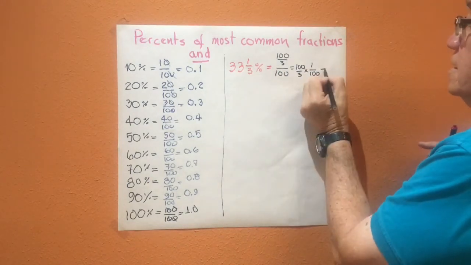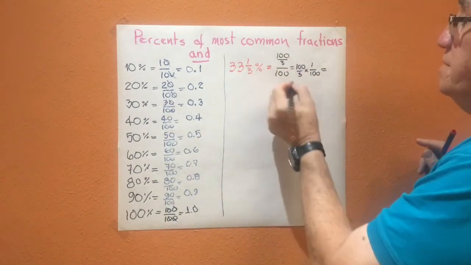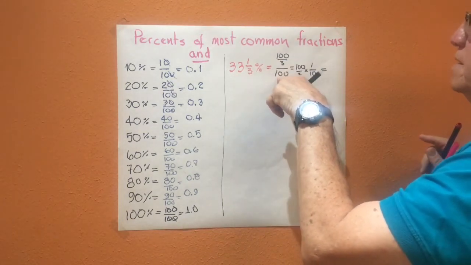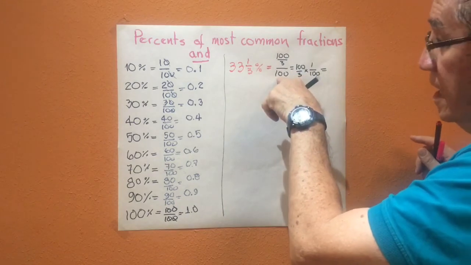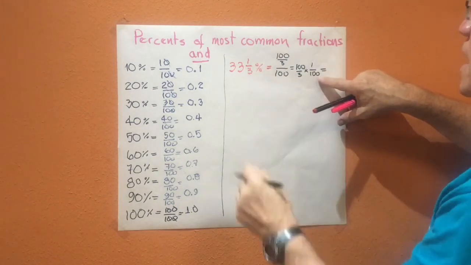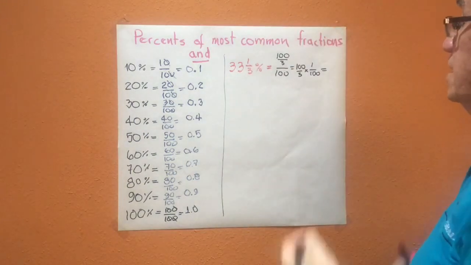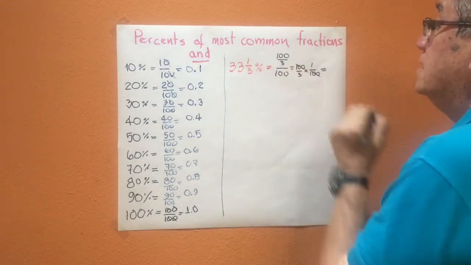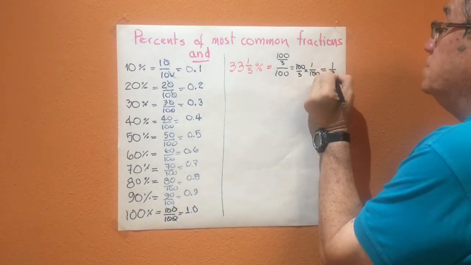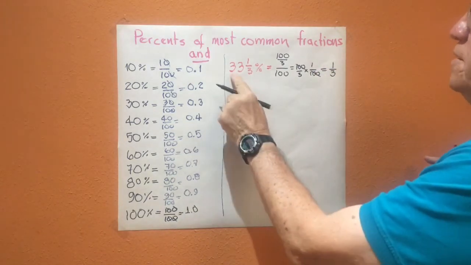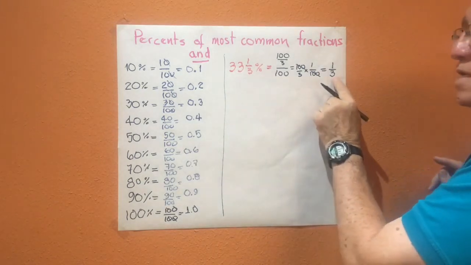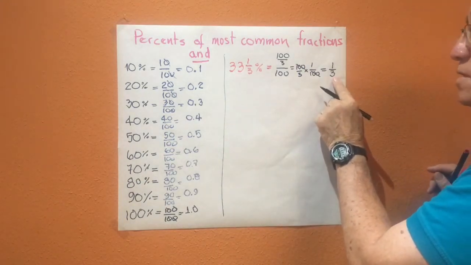So it's like having 100/3 divided by 100. But I change it into multiplication and it has to be inverted. Well, I can cancel out, and my answer is going to be 1/3. So 33 and 1/3 percent is equivalent to 1/3.